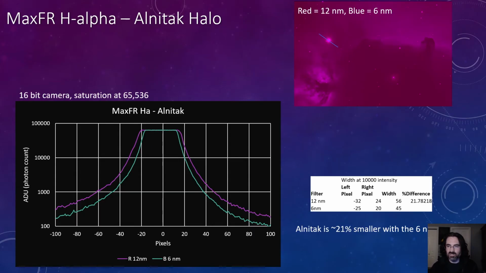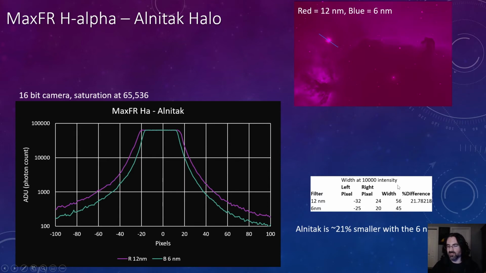So I looked at Alnitak and wanted to compare the two different filters. I looked at the width of Alnitak at the 10,000 intensity line. It's not quite a full width at half max, it's just saying for a common intensity what was the width that we saw. So I looked at the leftmost and rightmost pixels.